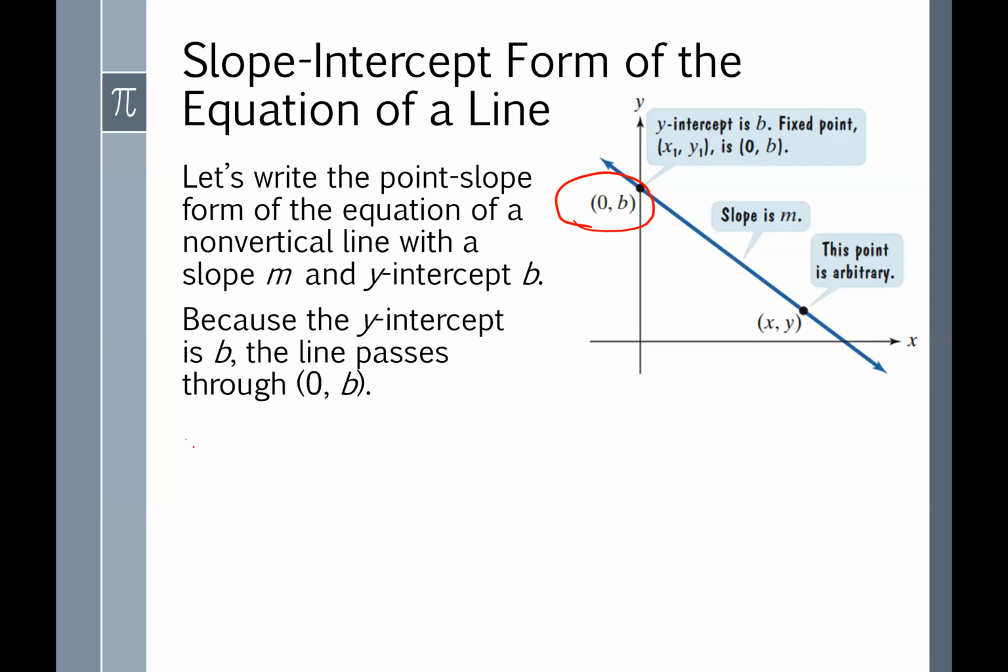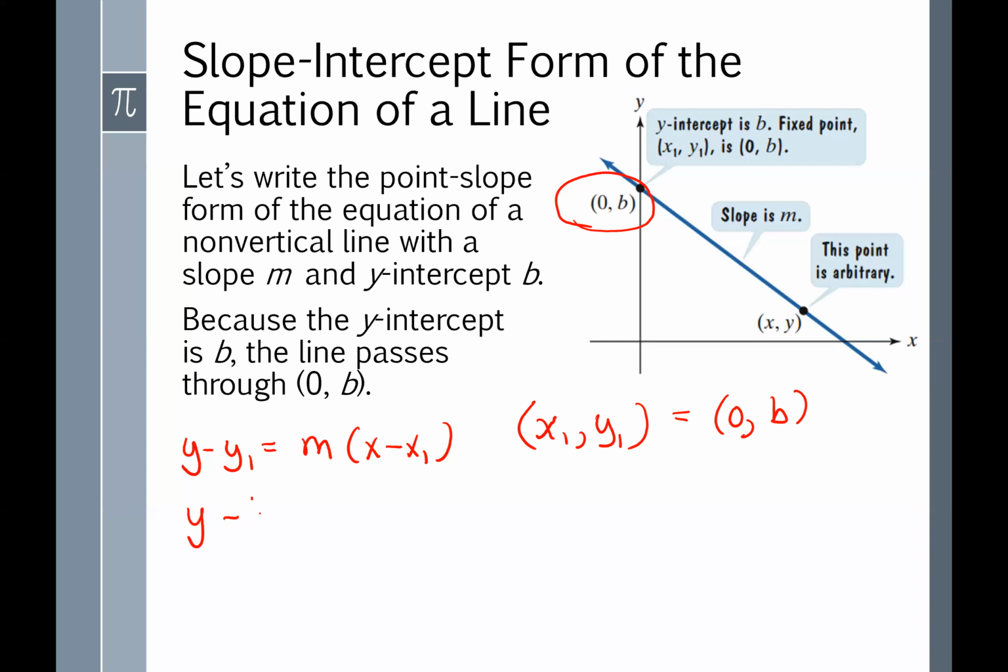Okay, so we have y minus y1 is equal to m times x minus x1. And I'm going to let (x1, y1), my specific point on my line, be (0, b). Excuse me, I'm going to lose my voice.